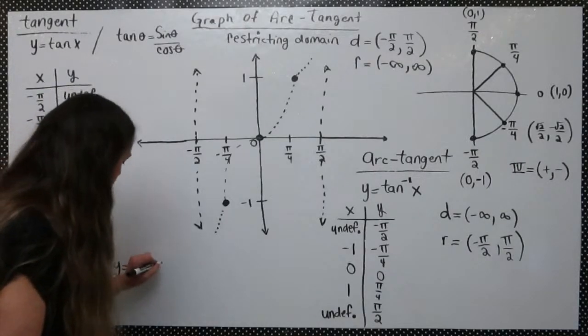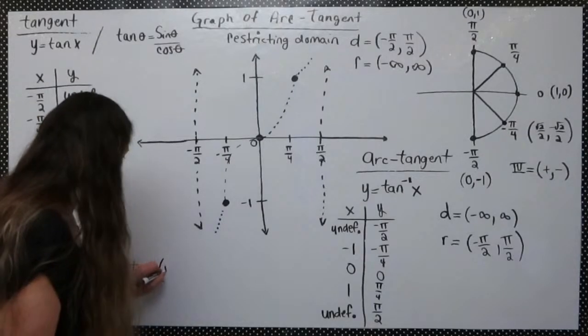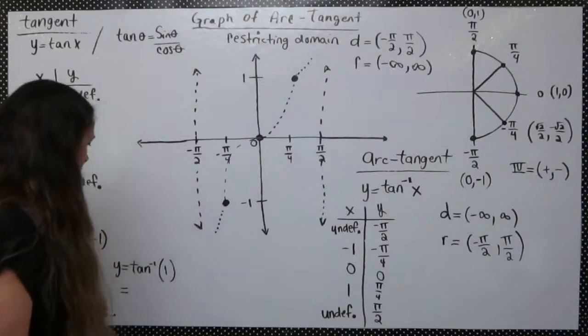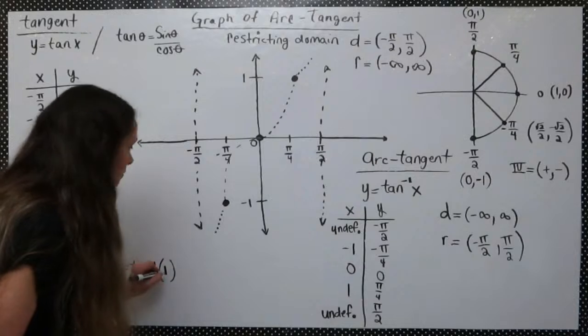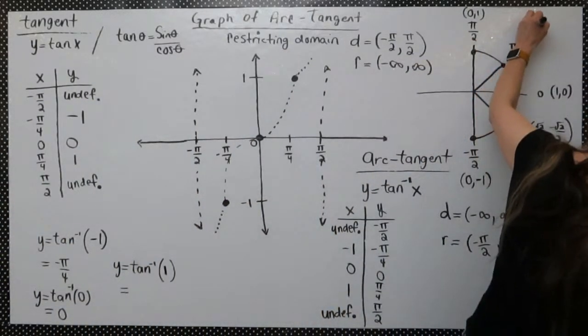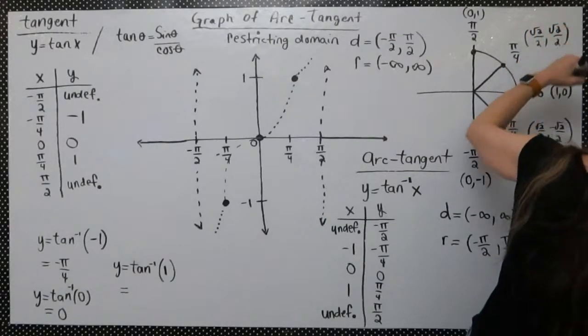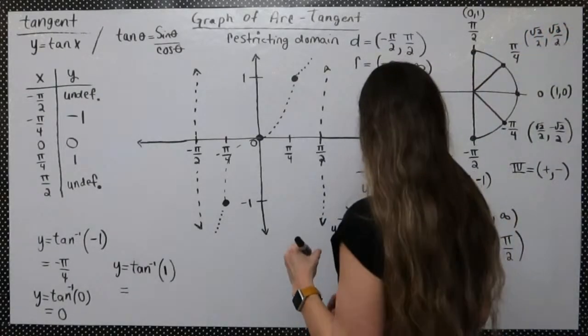Tangent inverse of +1. When is tangent +1? And we're looking up here. I didn't put it in here, but it's radical 2 over 2, comma, radical 2 over 2. So that is positive pi over 4.